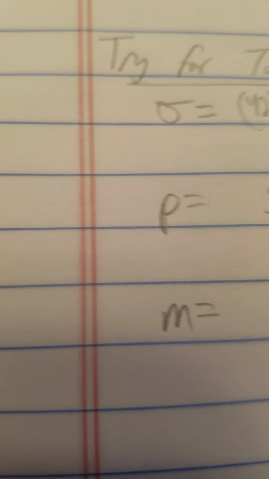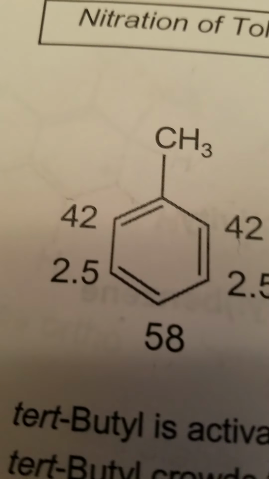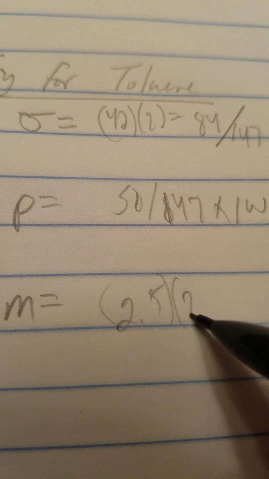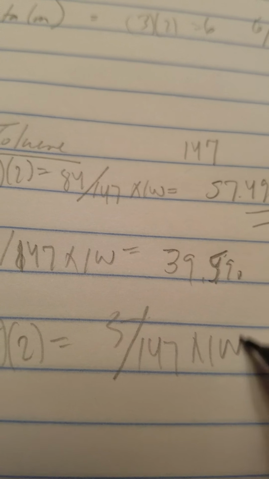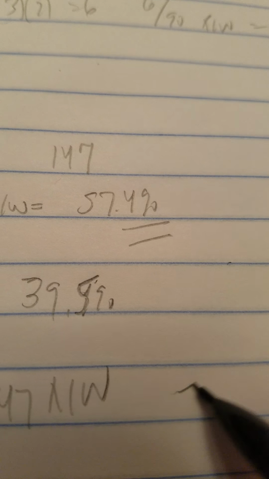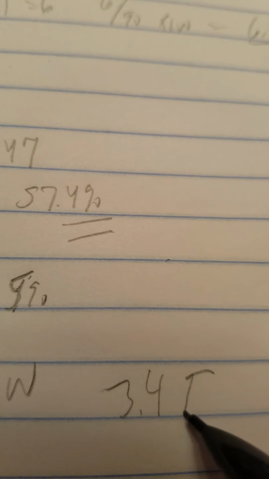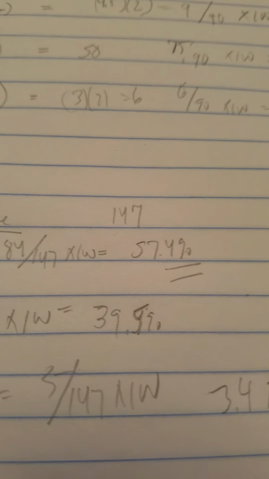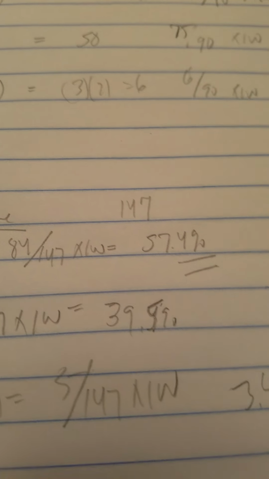And then our meta position was our 2.5 times 2, or 5, and that's going to be, of course, divided by 147 times 100, so that value is around 3.4. So you should be able to do problems like this, and I know you have one book problem you're supposed to be trying to do on this order as well.